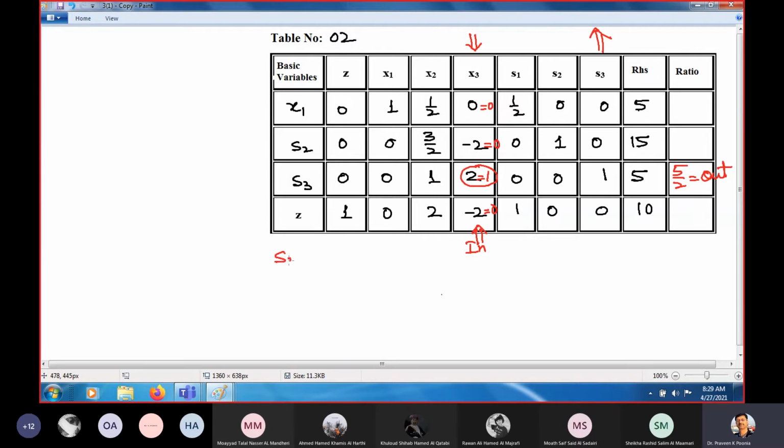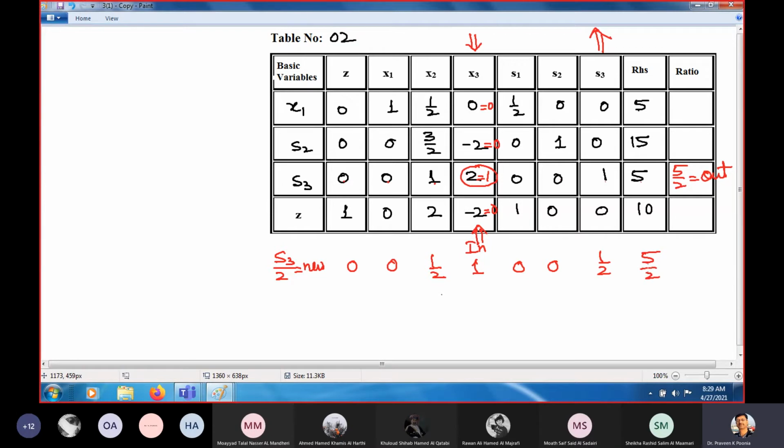So this is S3 by 2, and we call it the new row. 0 divide 2, 0. 0 divide 2, 0. 1 divide 2, 1 by 2. 2 divide 2, it is 1. 0 divide 2, it is 0. 0 divide 2, it is 0. 1 divide 2, it is 1 by 2. 5 divide 2, it is 5 by 2.